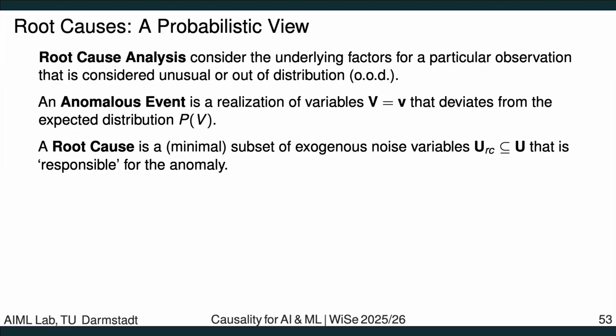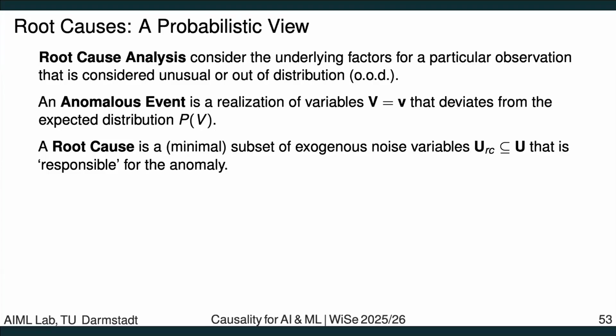So maybe there's some machine not working and it screws up the whole production process, so all the other processing steps afterwards also fail and you observe anomalous outcomes there, or bad production quality. And you want to find the root cause that is responsible for all of this.